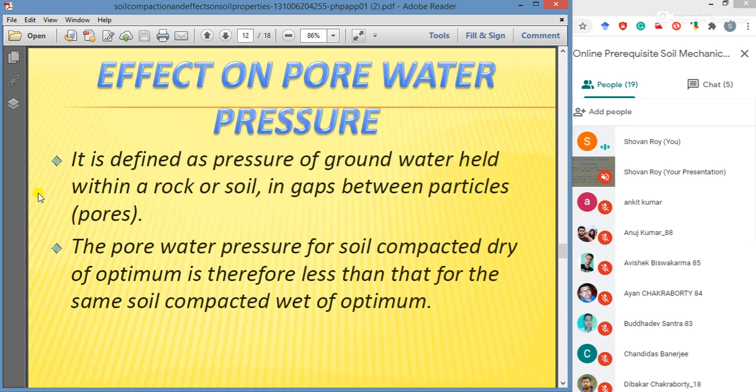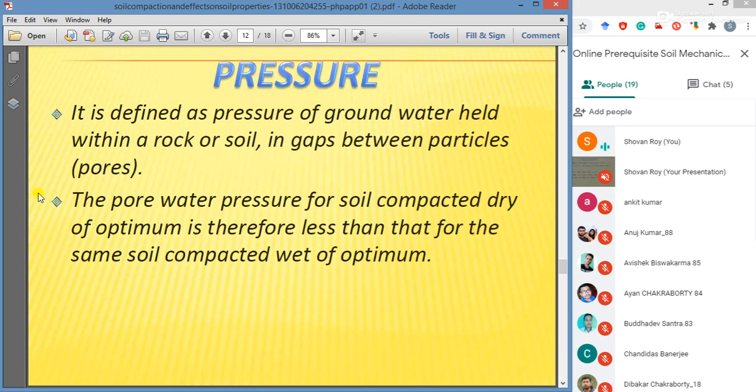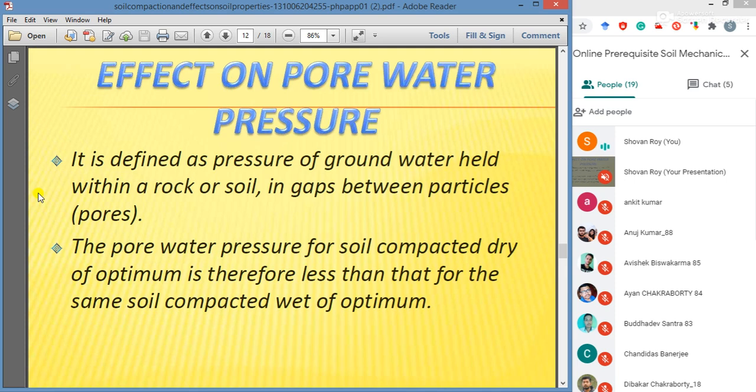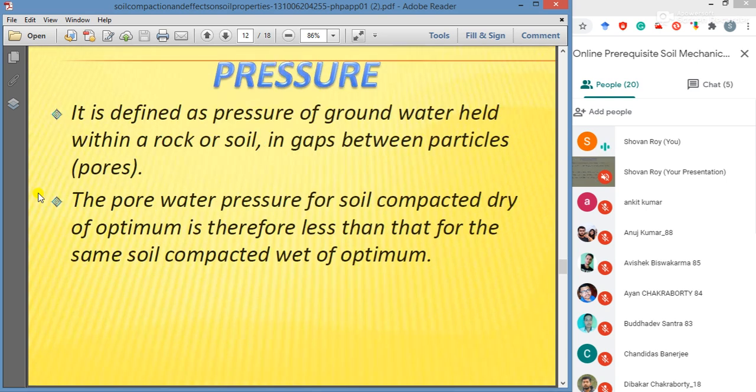Okay, we can skip this because these things are related to your lab tests. Some lab tests you should perform, because in soil mechanics one you did not have any lab. All of you are performing lab in this present semester, so it is very difficult to understand these things.